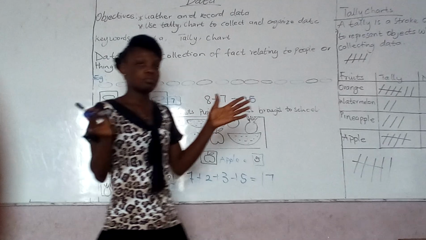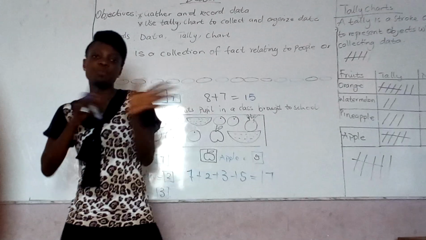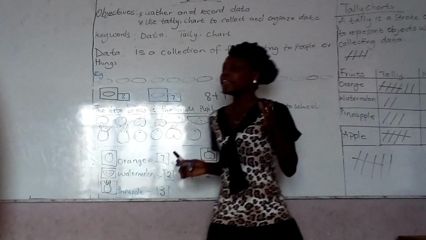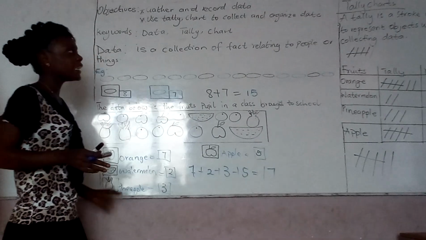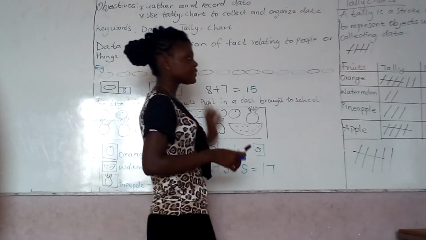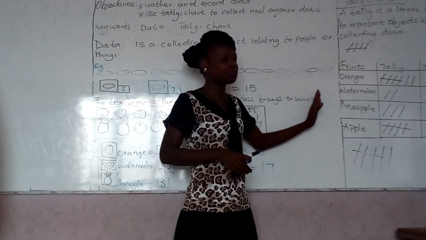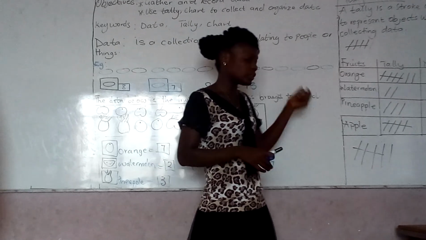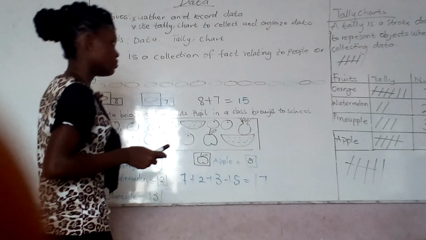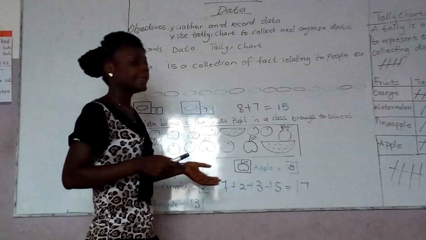Those that go together, you put them aside. And then you gather them and organize them. After organizing them, you put them in a chart. That's how we get our tally chart. And you use the strokes to represent what? Objects when collecting what? Data.